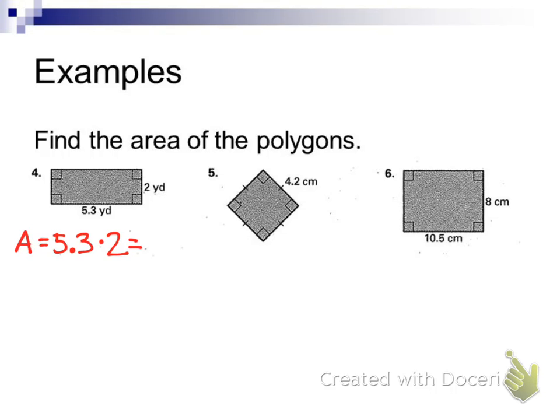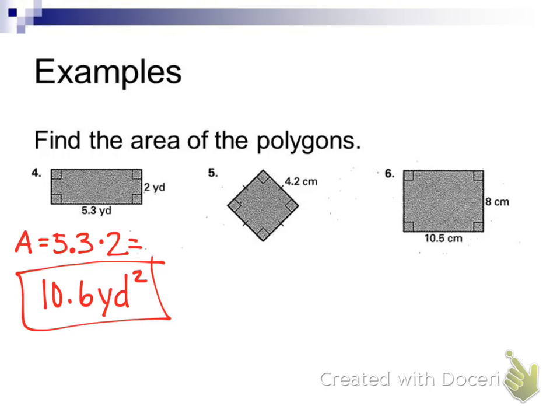Anyone know what that equals? 10.6 yards with the squared symbol, so square yards, good. Alright, what about number 5? What do I need to do?